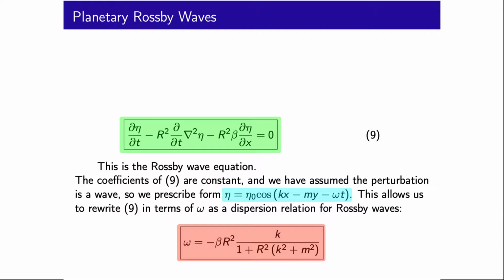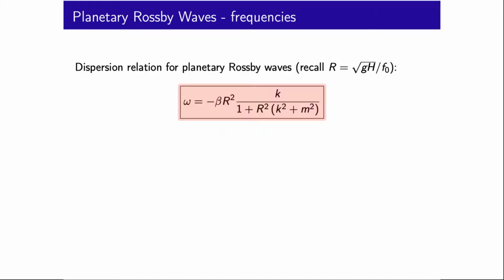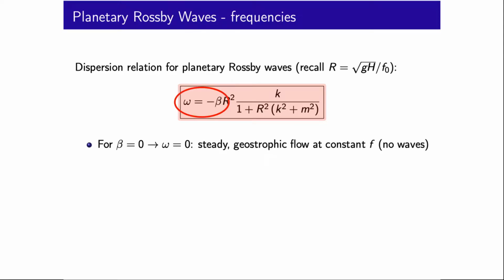Now let's take a look at what this dispersion relation is telling us about the frequency of planetary Rossby waves. First of all, for beta equals 0, omega equals 0, and we have no travelling waves, just steady geostrophic flow at constant f. That is, planetary Rossby waves require a spatial change in f.